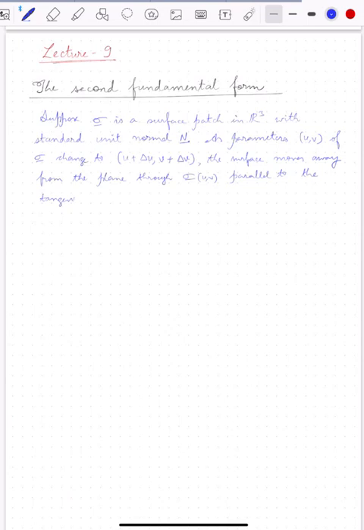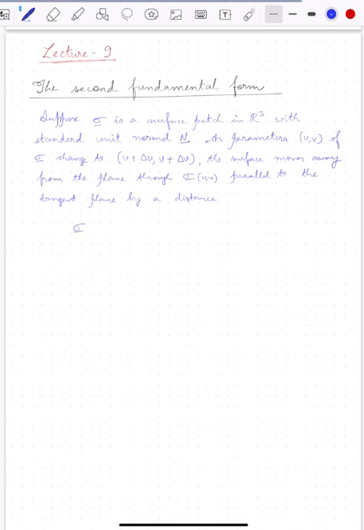Now, as the parameters u comma v of sigma change to u plus delta u and v plus delta v, then we'll learn that the surface moves away from the tangent plane through sigma vector u comma v, parallel to the tangent plane, by a distance.